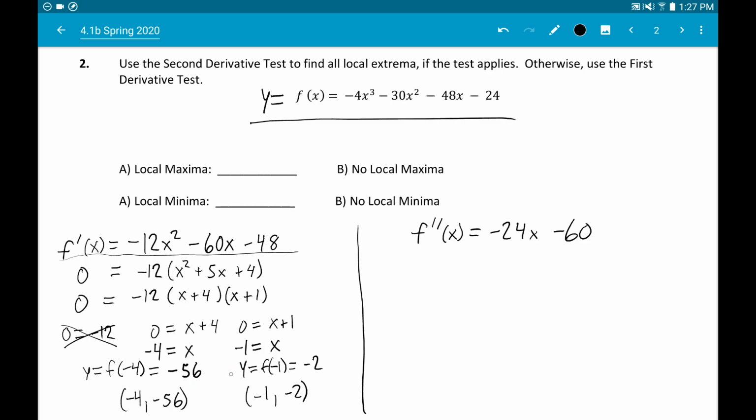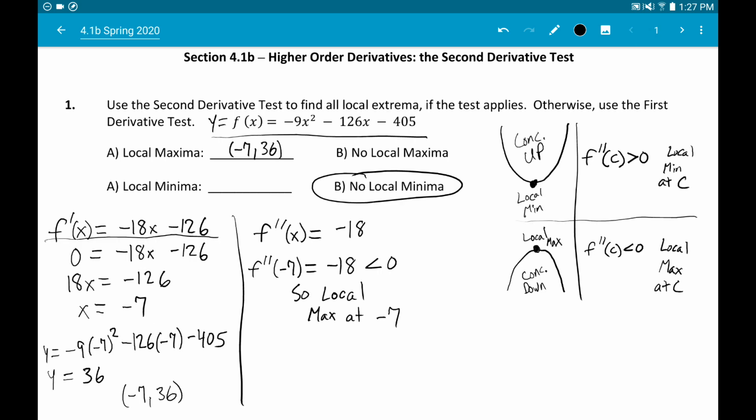Let's test both of these critical values we found. If I plug in negative 4, negative 24 times negative 4 is going to be 96 minus 60. I'm going to get 36 there. That's positive. So again, flip back over here for just a second.